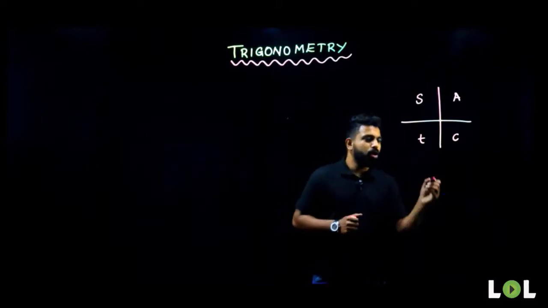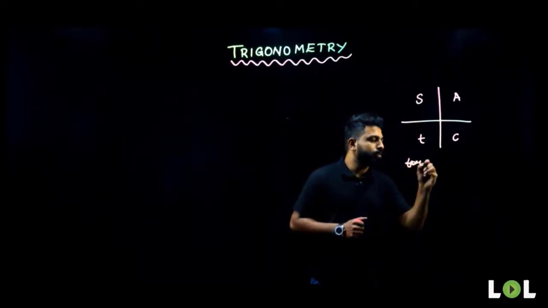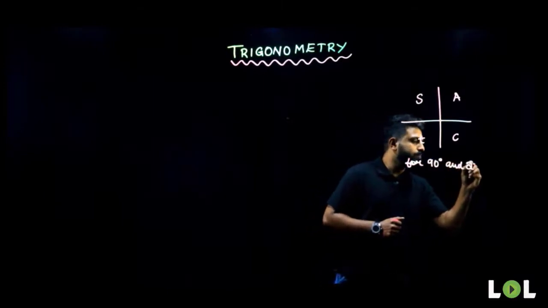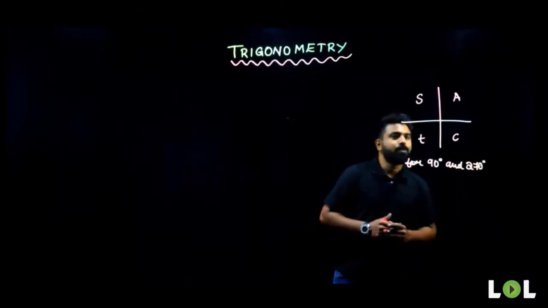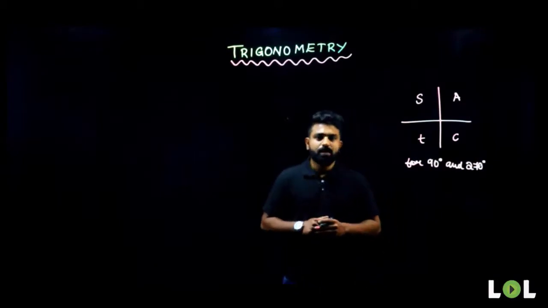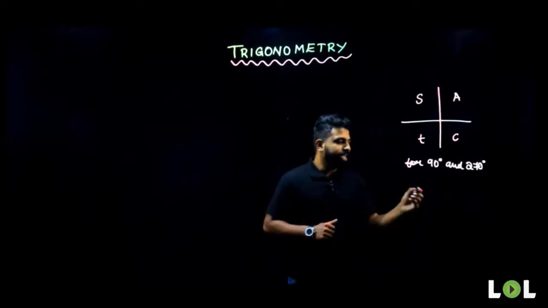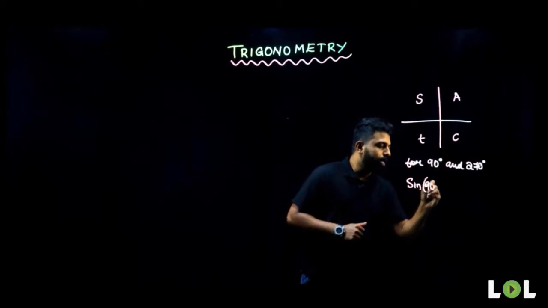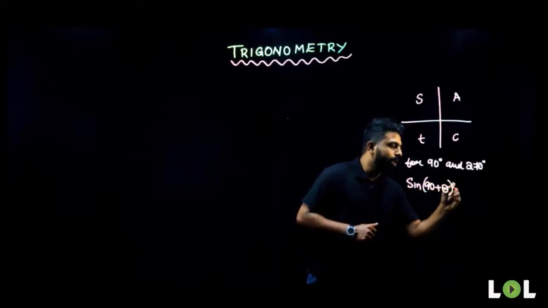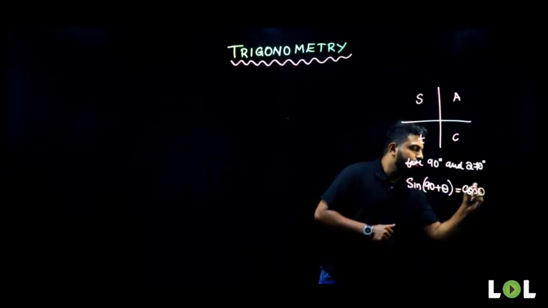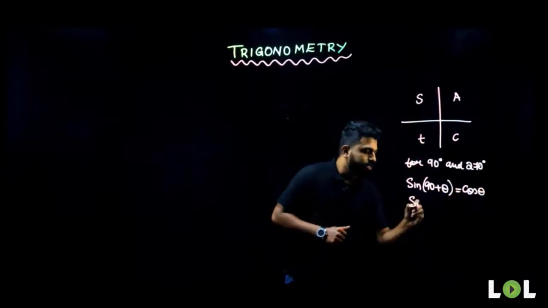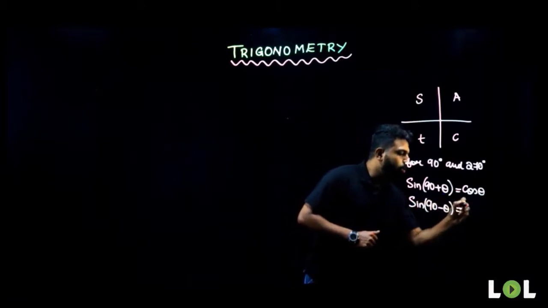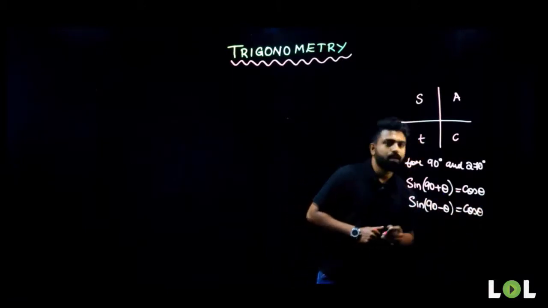We also saw for 90 degrees and for 270 degrees, the values for sine, cos, tan and all those changed. How did it change? We could write sine of 90 plus theta as cos theta, or sine of 90 minus theta was also equal to cos theta.